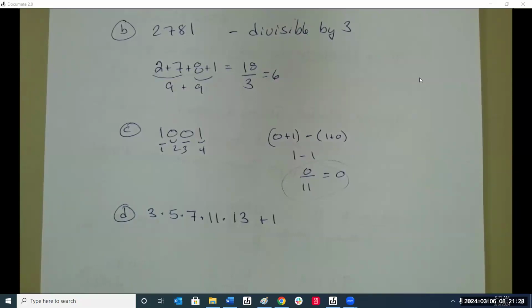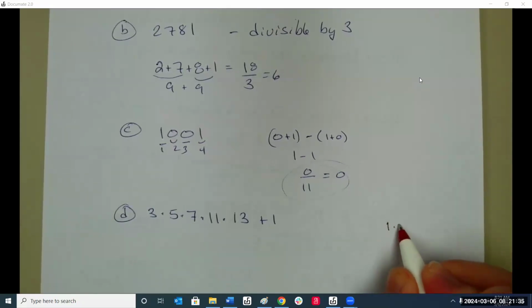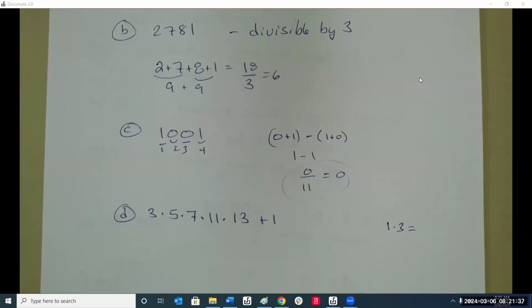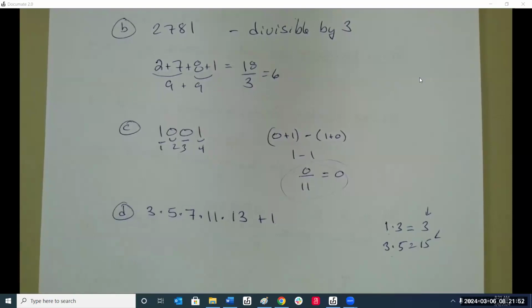This one, again, the stronger you know your rules of math. So let's look at this. If I take 1 times 3, it's going to equal 3. Odd number. 3 times 5 is 15. Also odd number. If I multiply two odd numbers, I get an odd answer. There's no way it can equal even.